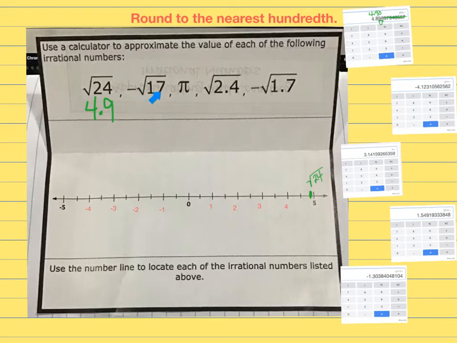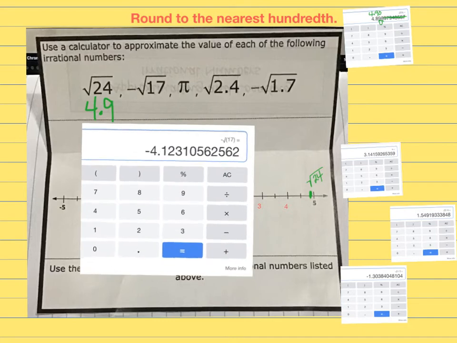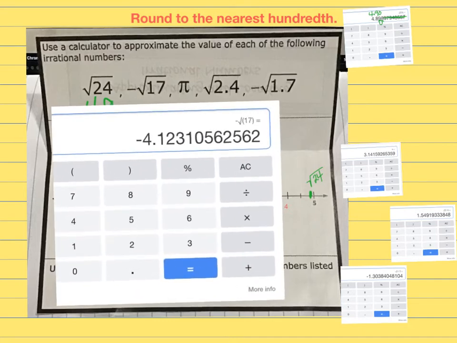The second number is negative square root of 17. That's going to be on the left side of 0, where all my negative numbers are. Like I was saying earlier, square root of 16 is 4. So this one's just a little bit above 4, but also it's negative. The hundredths digit, the second number behind the decimal, is a 2. Look one more behind that to know if I round up or stay the same.